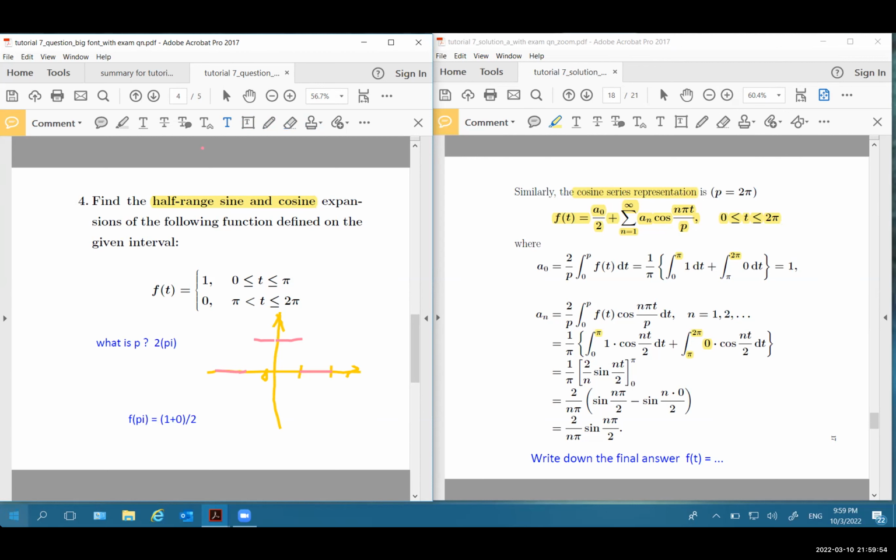Then one more question: if it's t less than pi, instead of t less than or equal to pi, then we do not need to include it, right? Yeah. Okay, thank you, Prof.